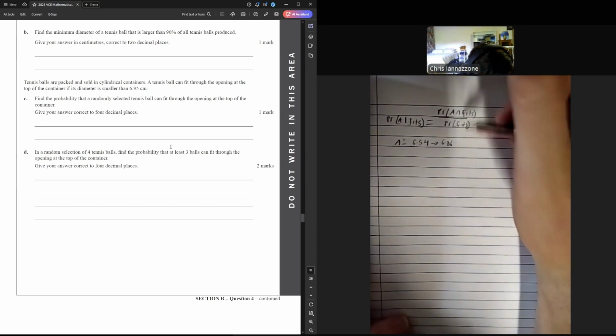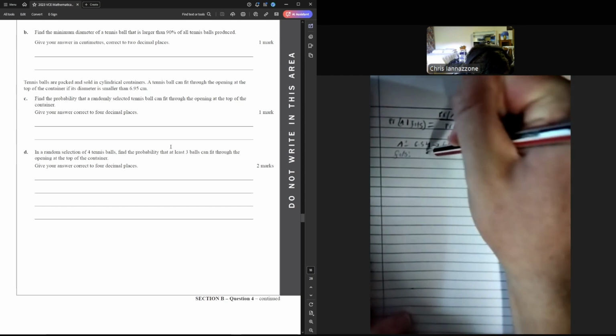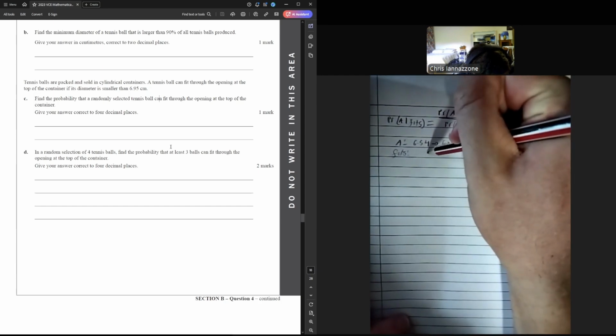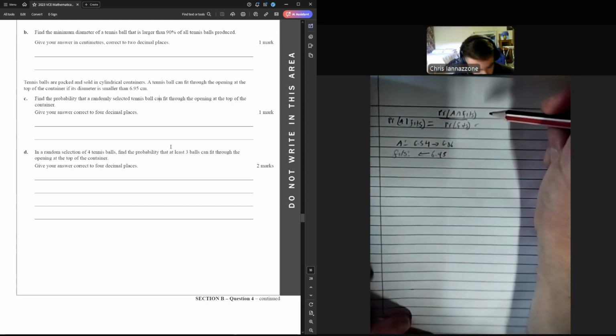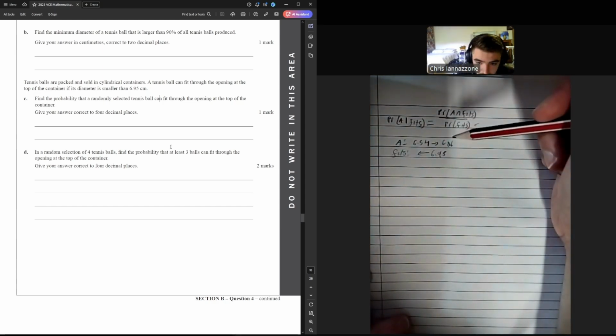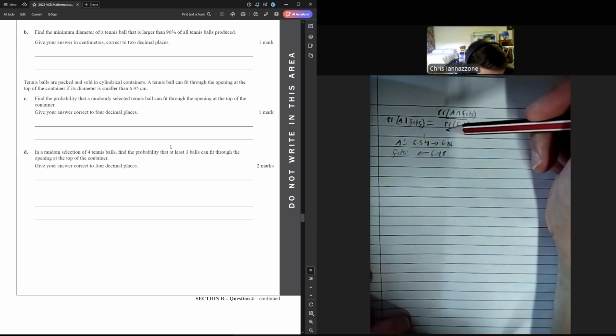So we need to be smaller than, so we can say fits is smaller than, so to the left of 6.95. The intersection of those two things is just going to be from 6.54 to 6.86. Right, that is the intersection.